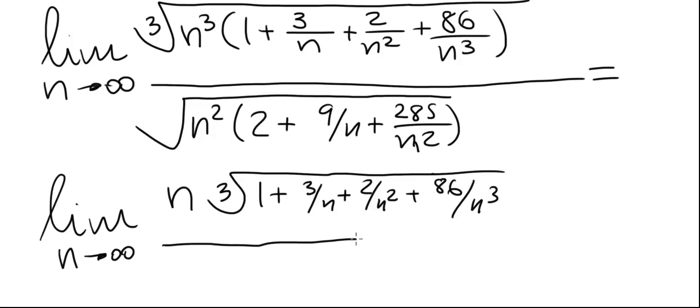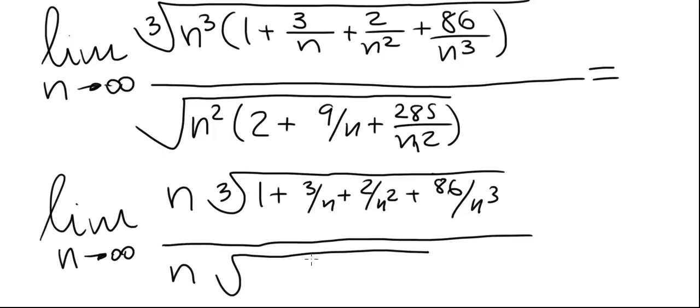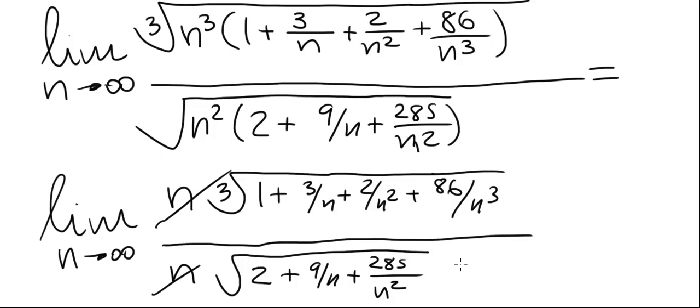Same thing in the denominator. Square root of n squared is n, and then the square root of 2 plus 9 over n plus 285 divided by n squared. Now we can cancel the n's, and look what happens when we let n go to infinity.